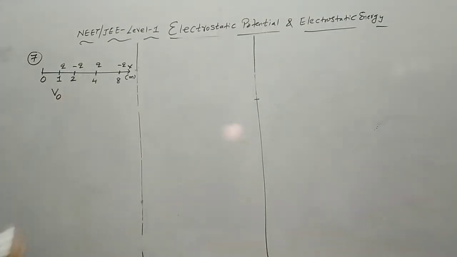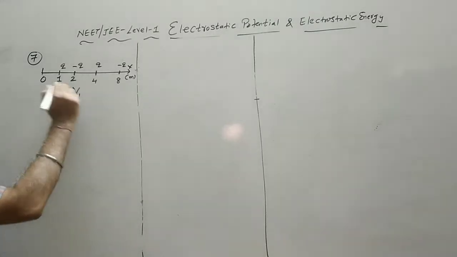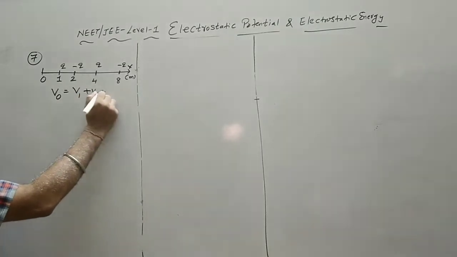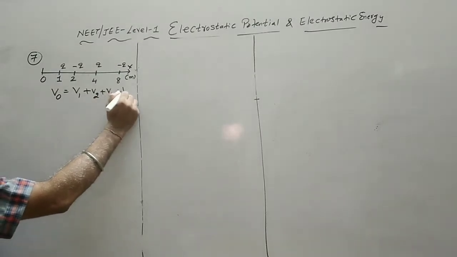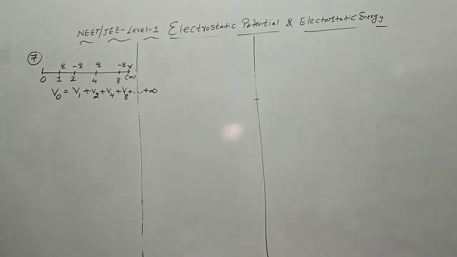So potential at origin is equal to potential due to charge at 1, potential due to charge at 2, potential due to charge at 4, potential due to charges at 8 plus and so on up to infinity.